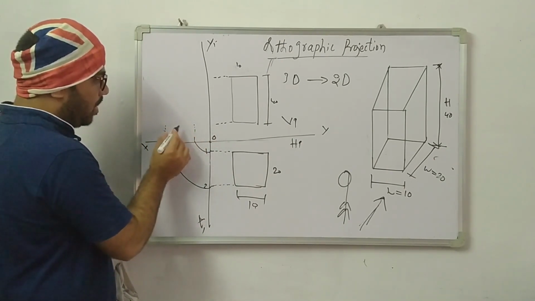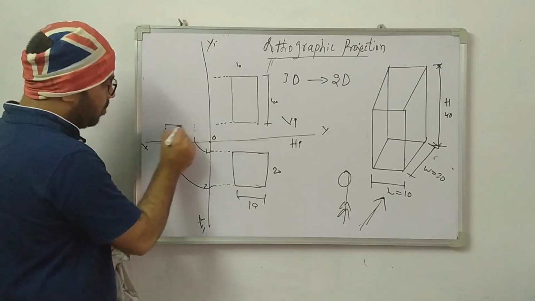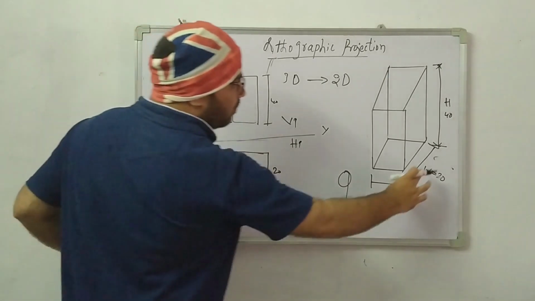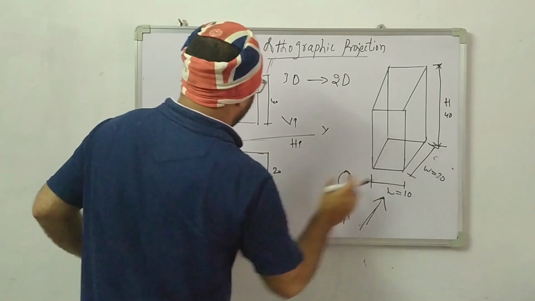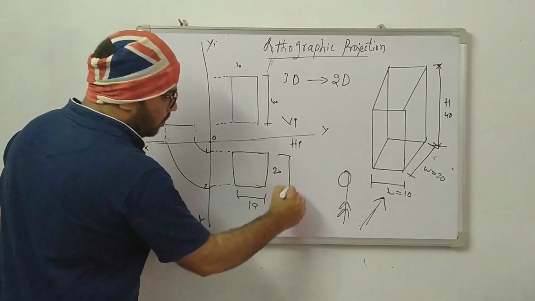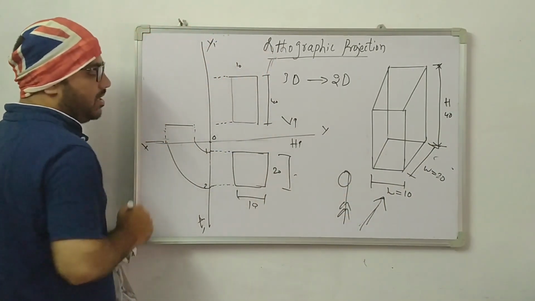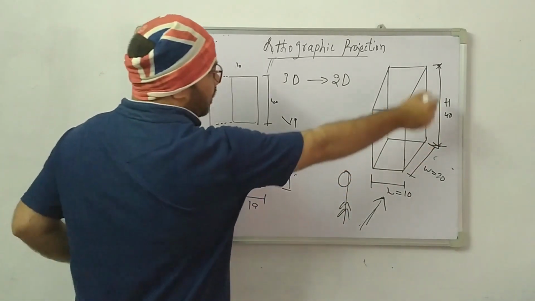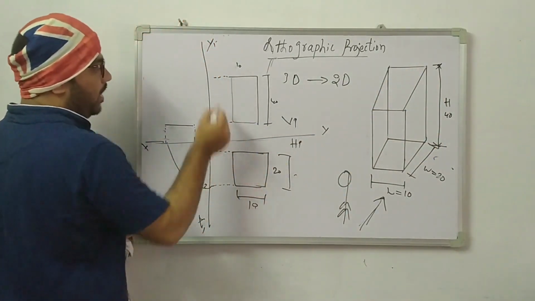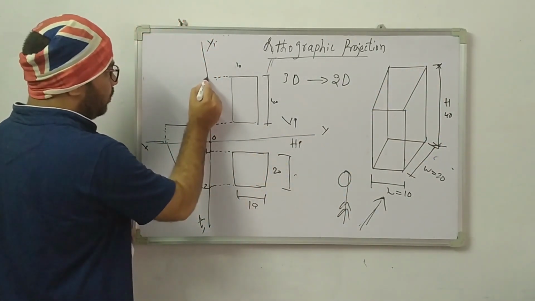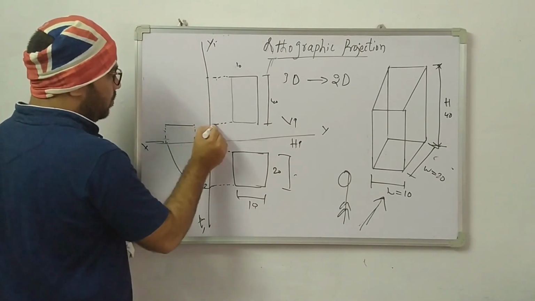Now you got this width. The width in the side view is 20. This 20 is obtained here, and the height is already mentioned here. Simply project this height from here to here exactly.